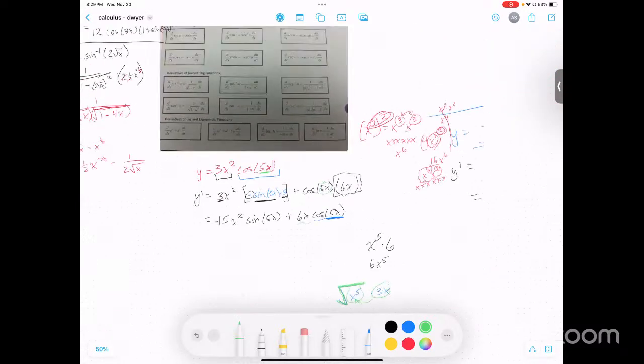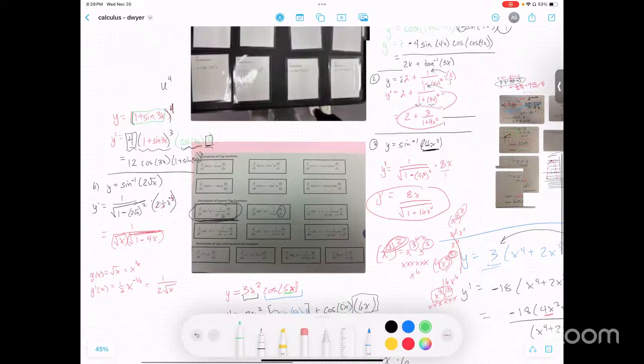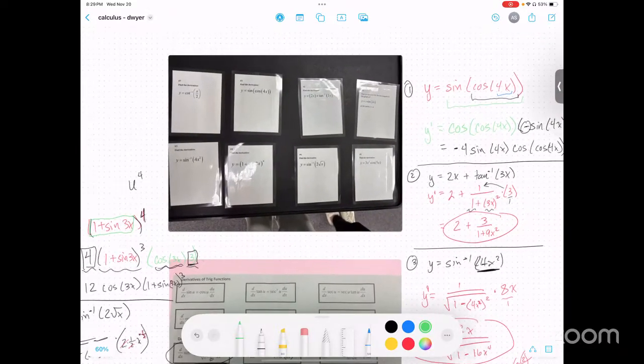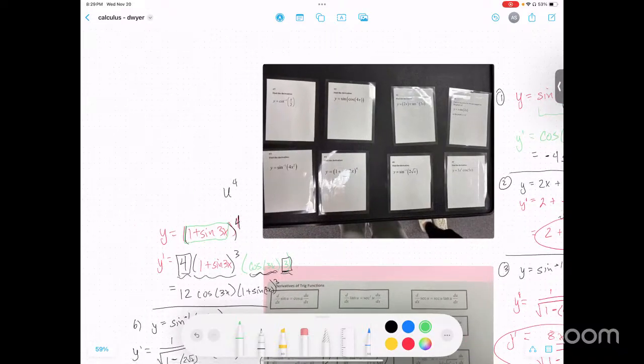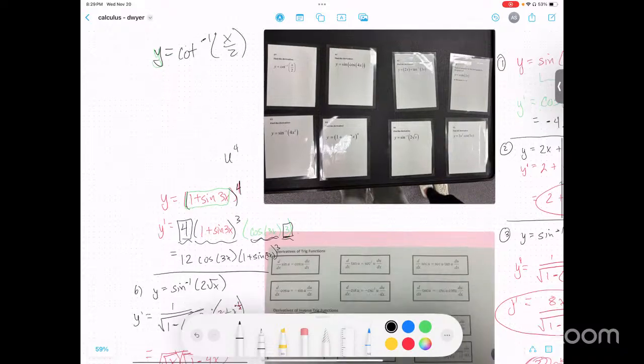Gotcha. Okay. Was that all of them, or did I have to go back to do number 1? I don't think I did 1 yet. So y equals the cotangent inverse of x over 2. So I need to find the cotan inverse function.